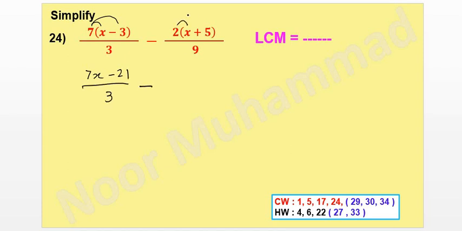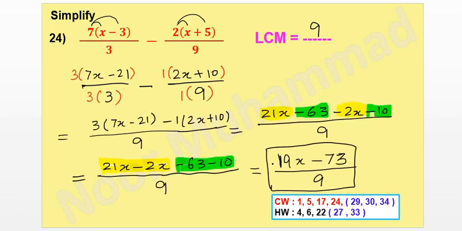Subtract, and now multiply it over here and over here, so it will give you 2x plus 10 out of 9. Right, now it's exactly the question as we did question number 1 or 5. So what is the LCM now? It's 9. And now complete the question on your own.